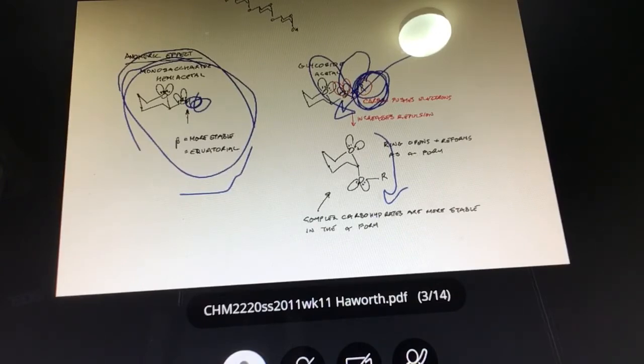The question that is being asked of you is easier to do than it looks. You have two things to figure out. Are the components that I'm looking at in my disaccharide glucoses? That's a yes or a no question. And we know how to recognize glucoses.